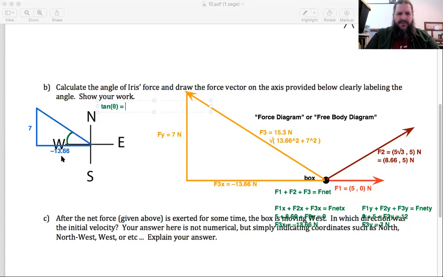Yeah, tangent is opposite over adjacent, so that'll be 7 over, and if we're just treating this as sides of a triangle, I would treat the sides as absolute value. Ignore the positive and negative signs because the sides of a triangle are just positive numbers. They're distances. Then we take the inverse tangent.